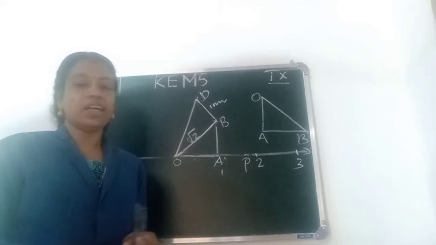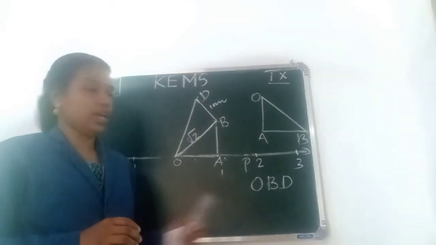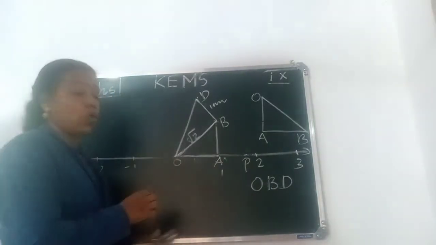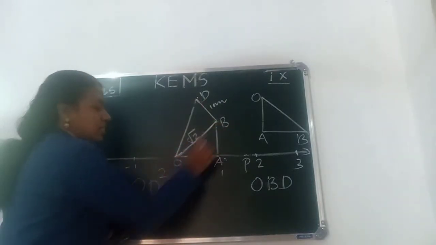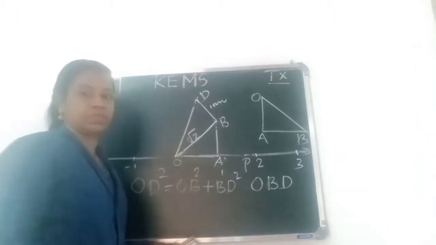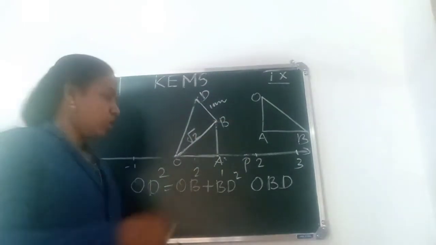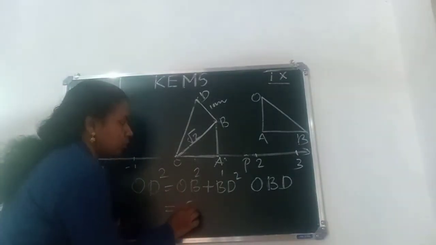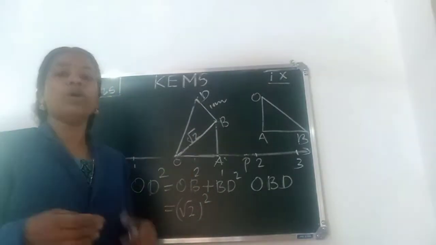Consider the right angle triangle OBD, with B equal to 90 degrees. Find OD square. OD square equals OB square plus BD square. We already know OB equals root 2, so OB square is root 2 whole square.